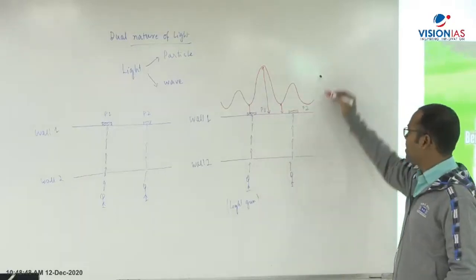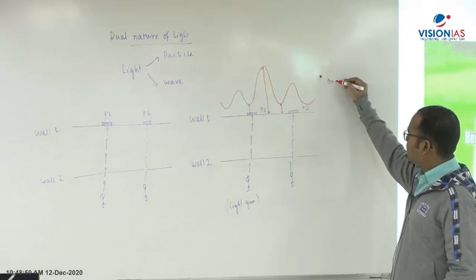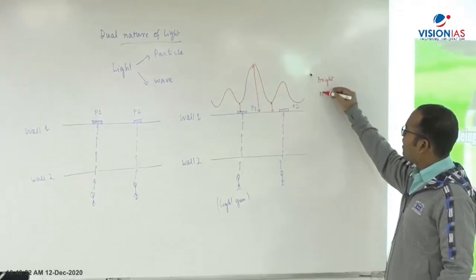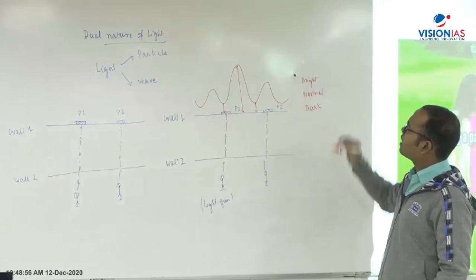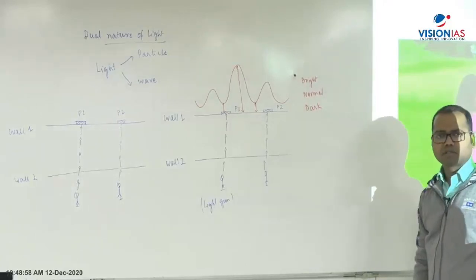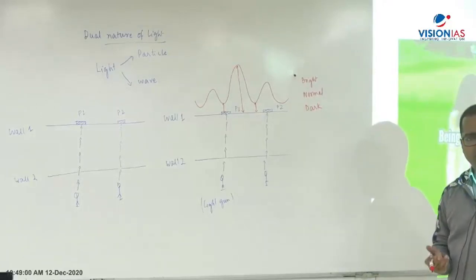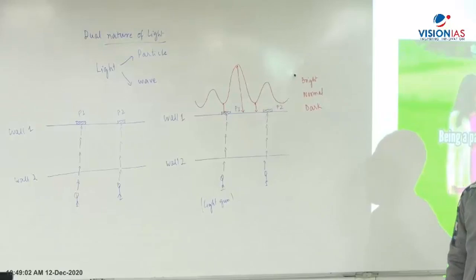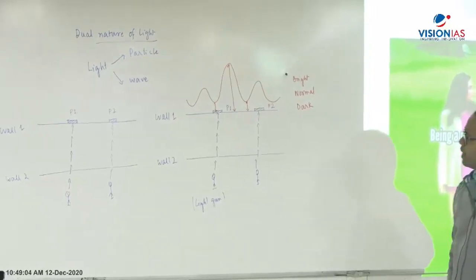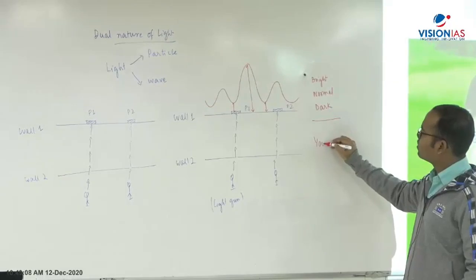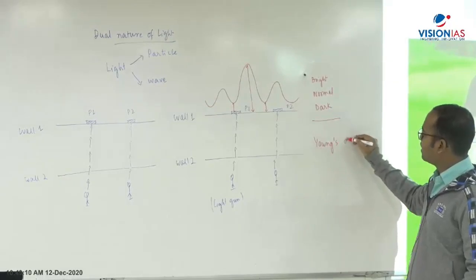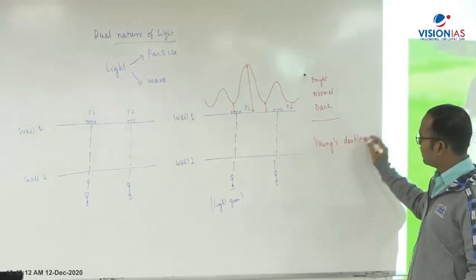So somewhere very bright, somewhere normal, and somewhere it was dark. So alternate patches were found. Somewhere it was dark, somewhere it was highly intense. So this was the experiment done by Young. So it is known as Young's double slit experiment.